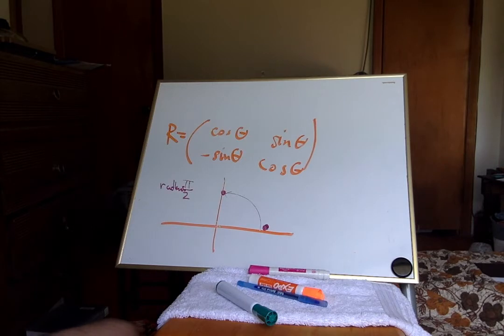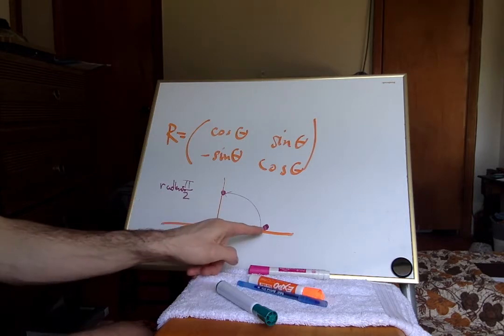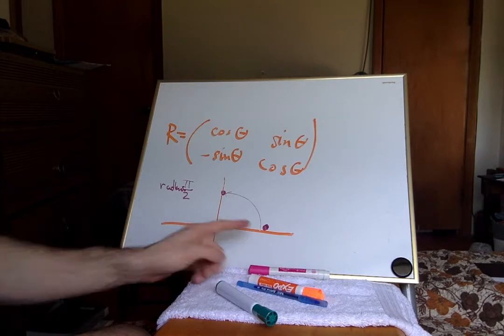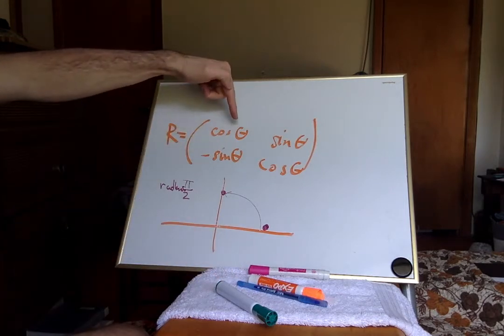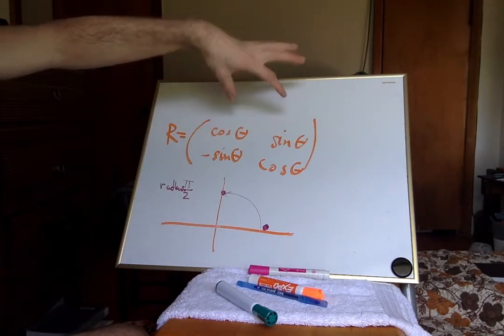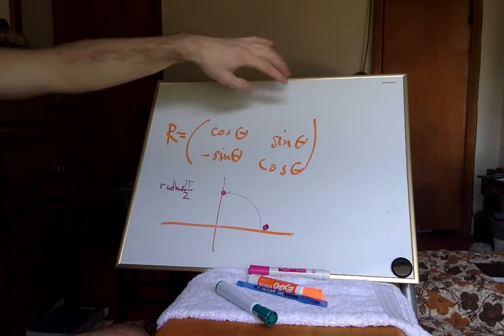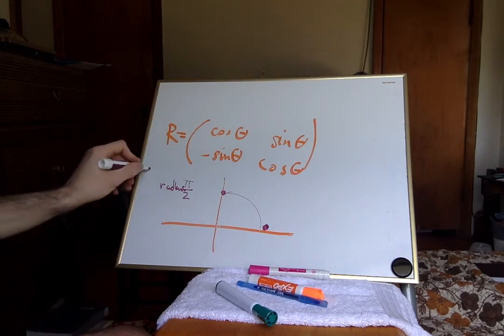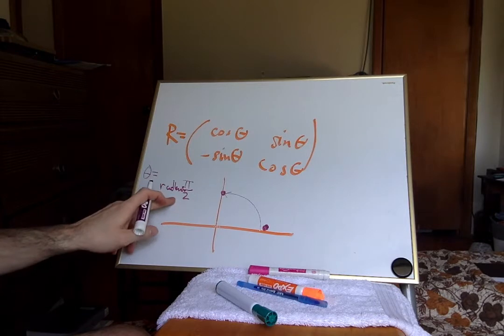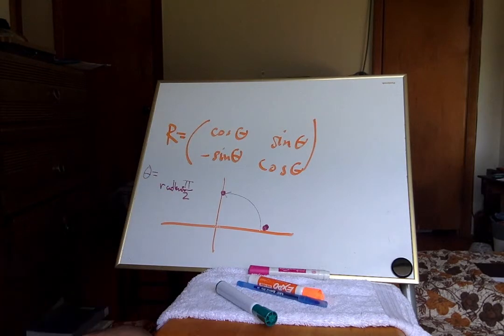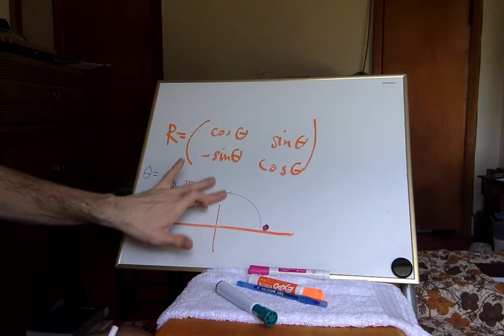Well, how would I do that? If I had a matrix that corresponds to this point, then if I multiply it by this matrix, where theta equals pi over 2, this will give me a new vector, or new matrix, corresponding to that point.